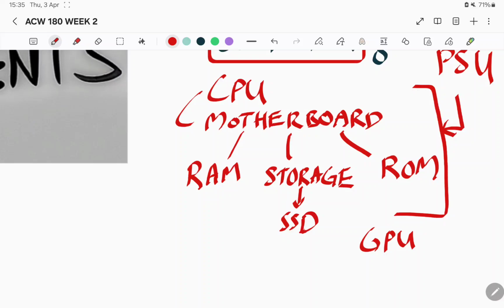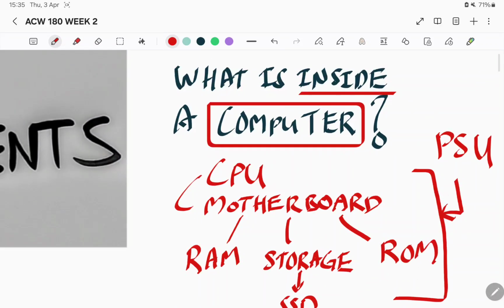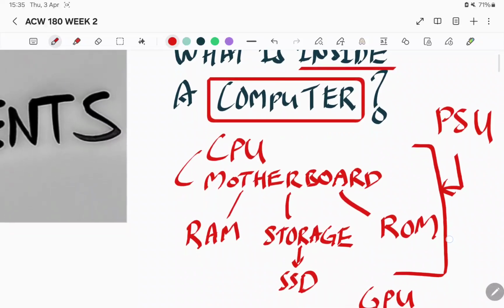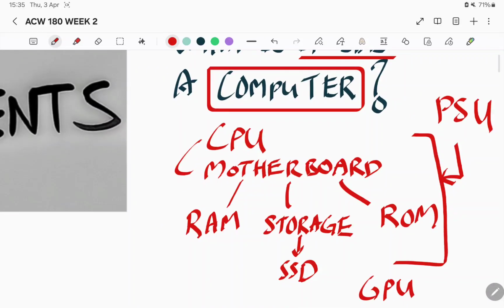Maybe the DVD ROM and the CD-ROM. The USB ports are attached to the motherboard. We also had the floppy disk, but that was in those days. Generally, this is what is inside the computer.